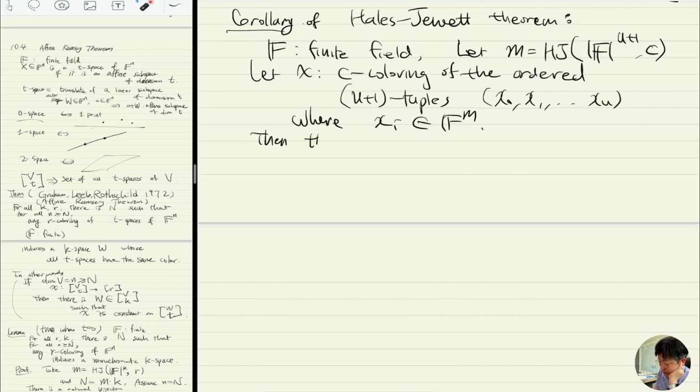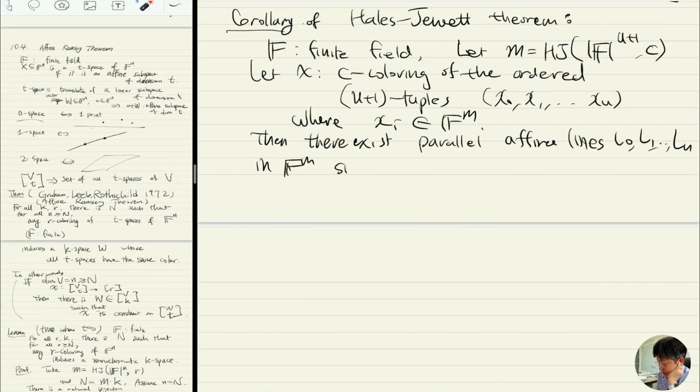Then there exist parallel affine lines L0, L1 up to LU in F to the M, such that L0 times L1 times LU is monochromatic.